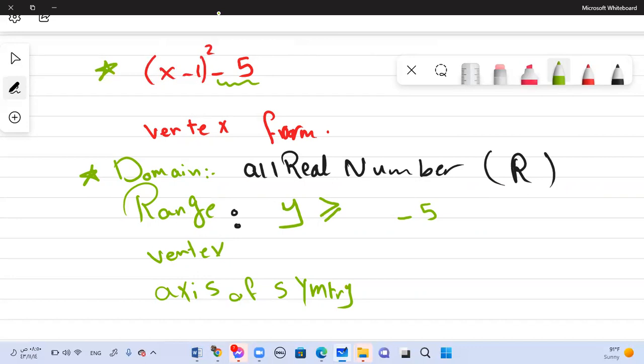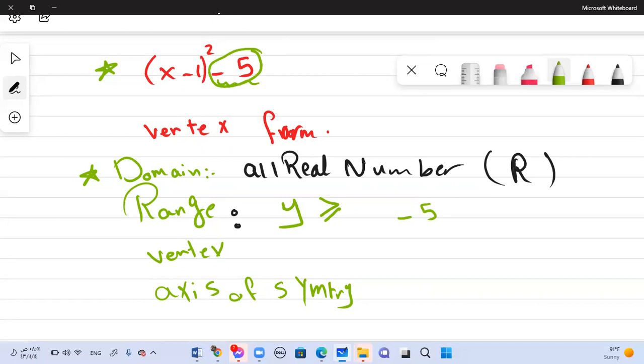It is very easy and very important to look at this idea. If a is positive, the range is y greater than or equal to. Again, the domain is all real numbers, and the range is y greater than or equal to negative 5.